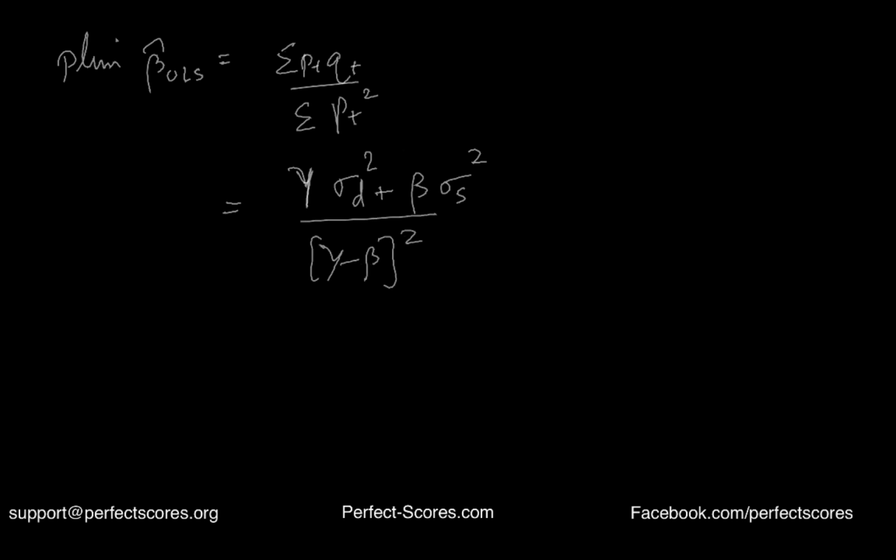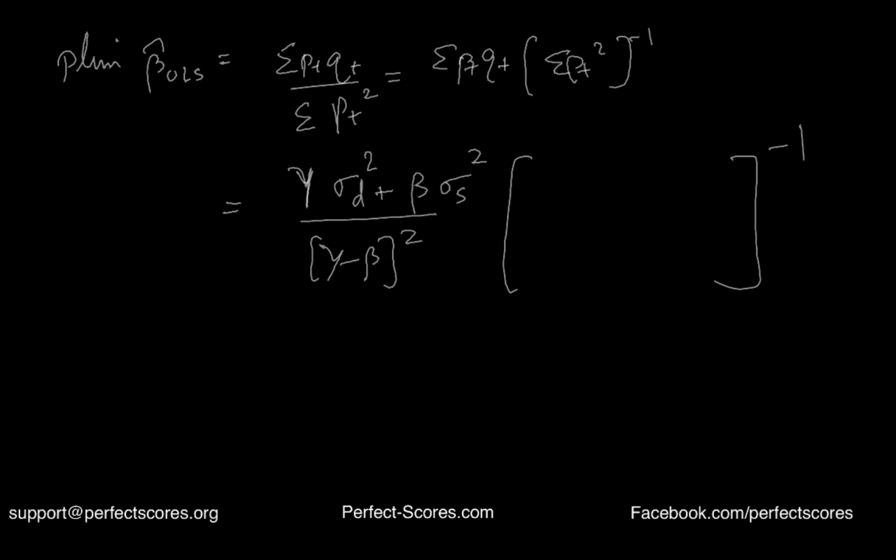I'm going to write the denominator as an inverse, which is sigma D square plus sigma S square over (gamma minus beta) whole square.